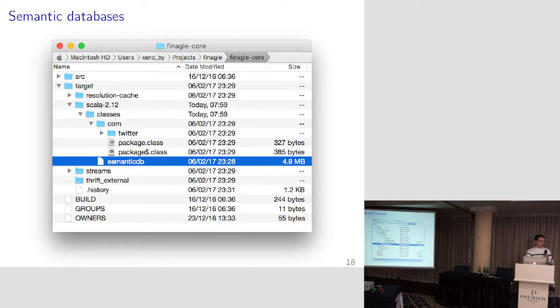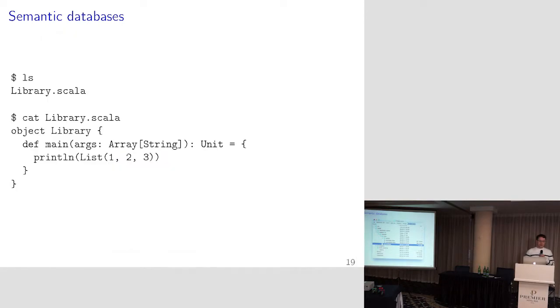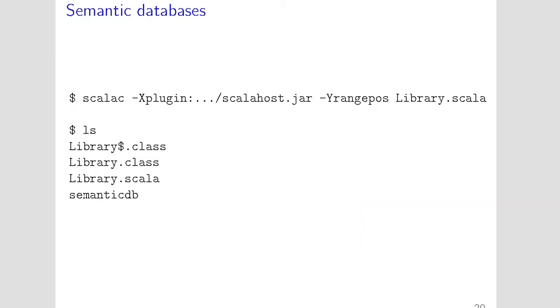Now, after we discussed what this thing is, let's see how we can produce it and what is there. Let's start with a very, very simple example. Again, we see our println of a list of 1 to 3. It lives in a small object called library, and now let's compile it. As I promised, we just take a compiler plugin called scalahost.